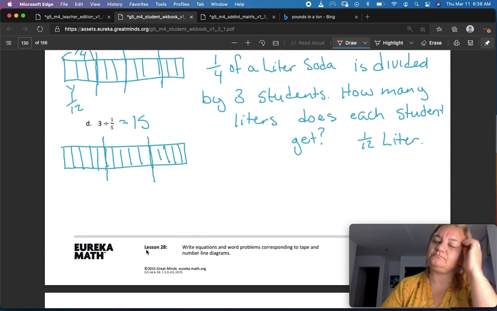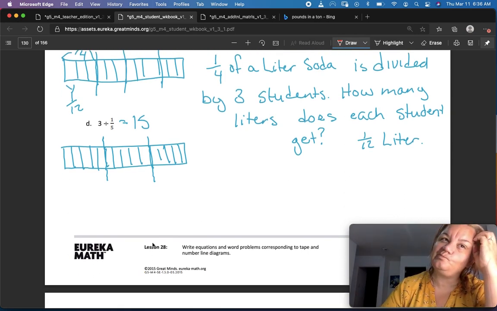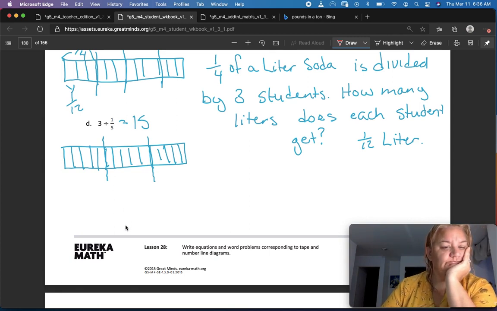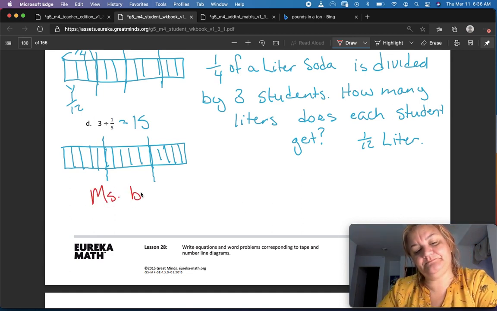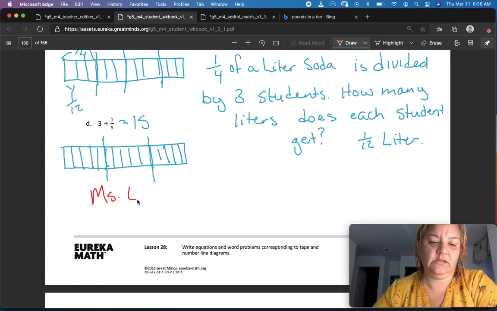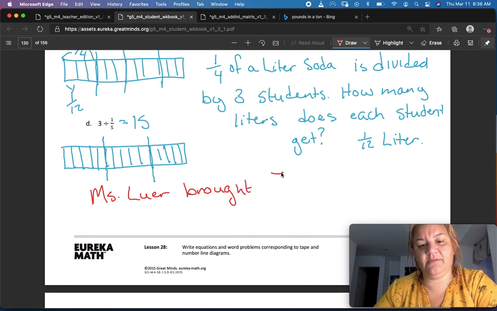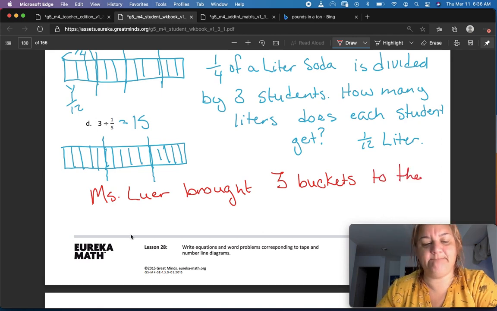Let's say Miss Lure brought 3 buckets to the beach.